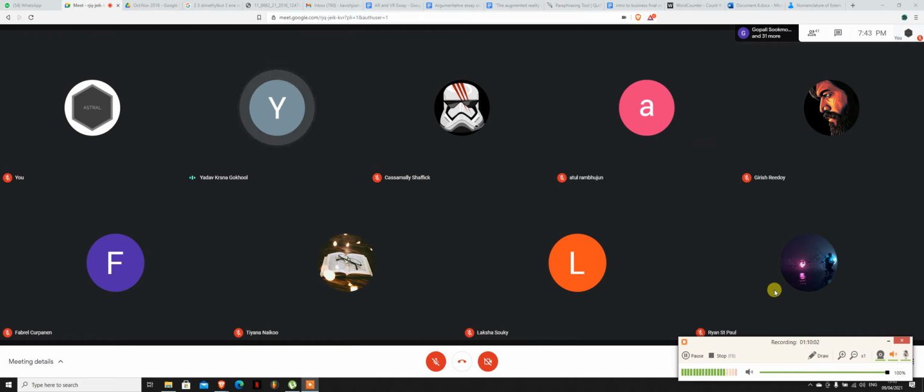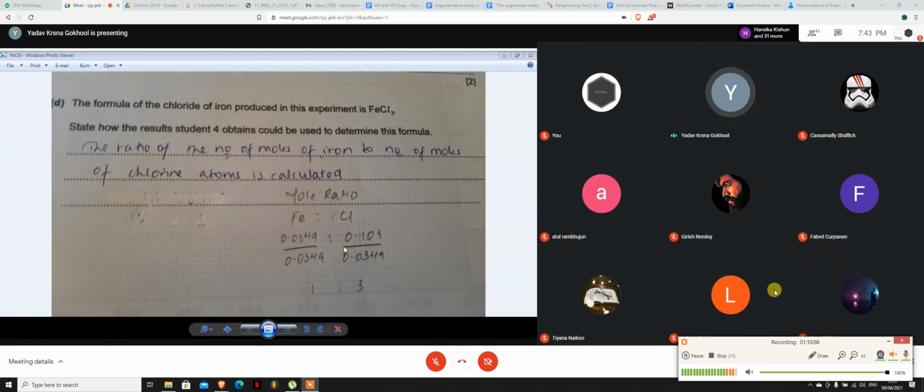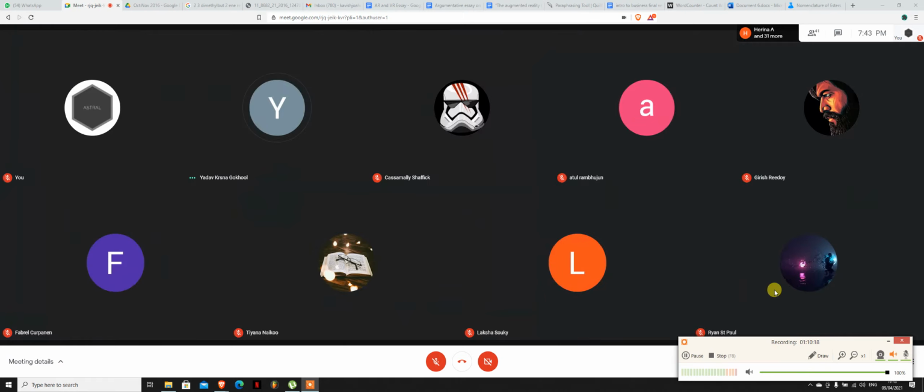Okay, same as empirical formula. I hope that I'm showing the same thing. Okay, so you get FeCl(x). Could have shown it in the exams. All of these are going to be sent to you, so then it will be easy for you to look at it.